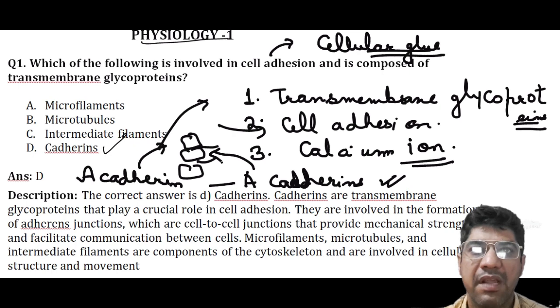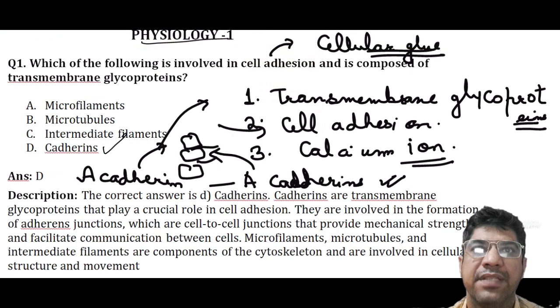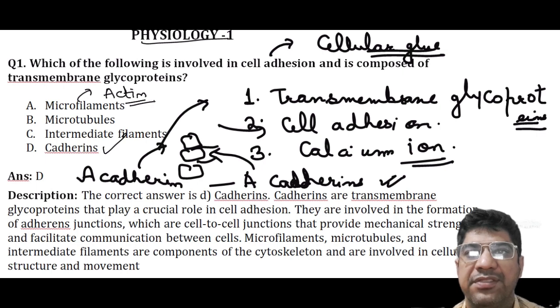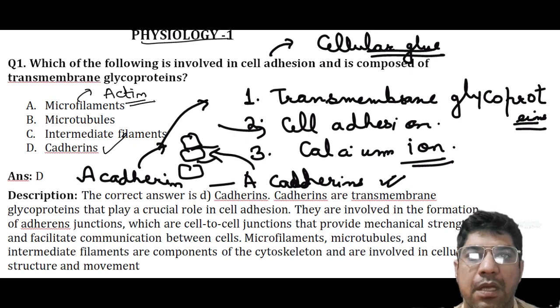Whereas the other option, microfilaments, are composed of the protein actin. They play a role in cell structure, cell movement and cell division, and are involved in processes like muscle contraction, cell motility and maintenance of cell shape.